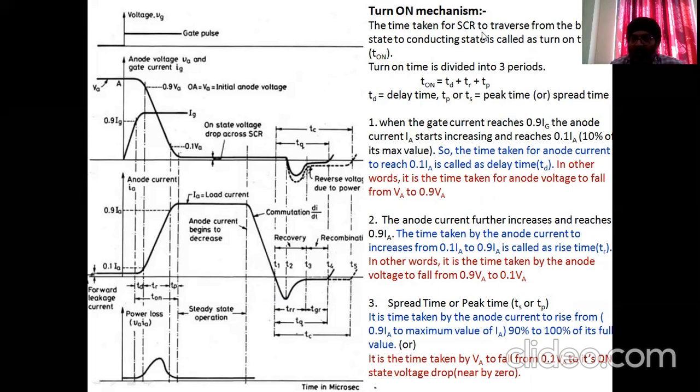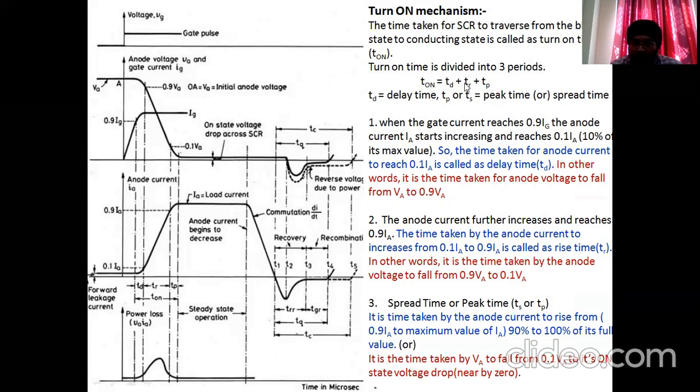The time taken for SCR to traverse from blocking state to conducting state is called turn on time. And this turn on time is divided into 3 time periods: TD, which is delay time; TR, the rise time; and TP, the peak time or spread time.